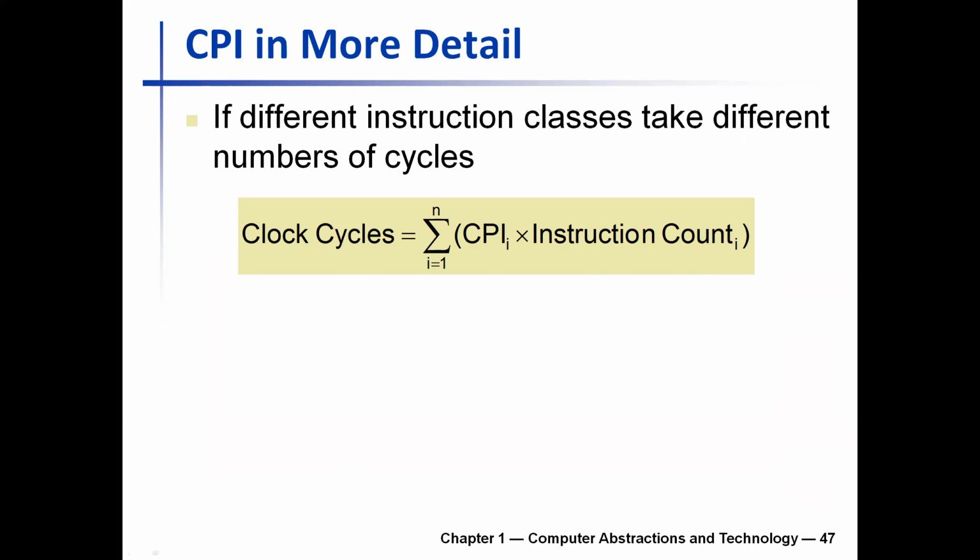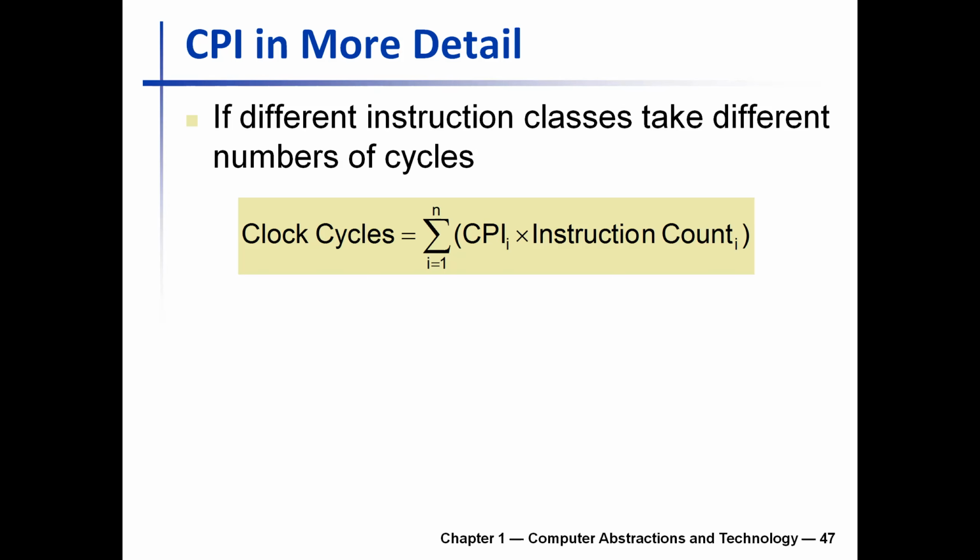For example, instructions like add, sub, and maybe even logical or, logical and, can take the same number of clock cycles inside the CPU because they are using a very similar section of the data path.